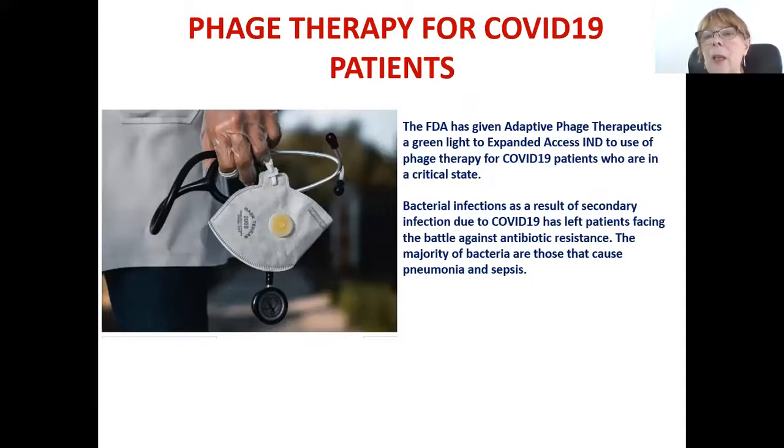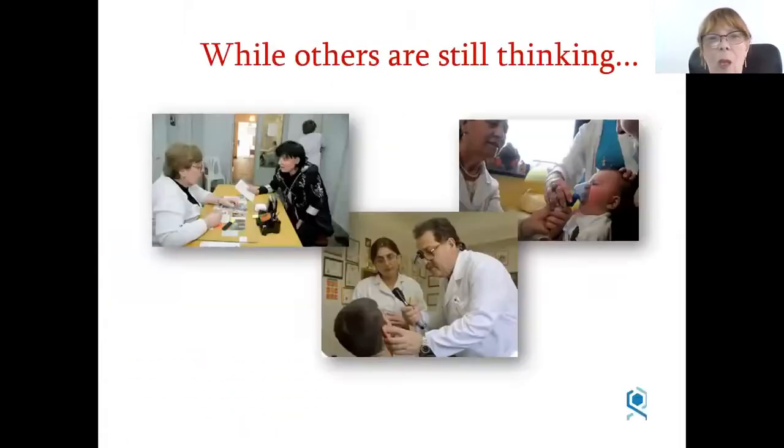The FDA gave a company called Bacteriophage Therapeutics a green light to expand access to use phage therapy for COVID patients who were in a critical state and on artificial ventilation, and they were infected with Klebsiella, Staphylococcus, and Pseudomonas aeruginosa, and it was successful.